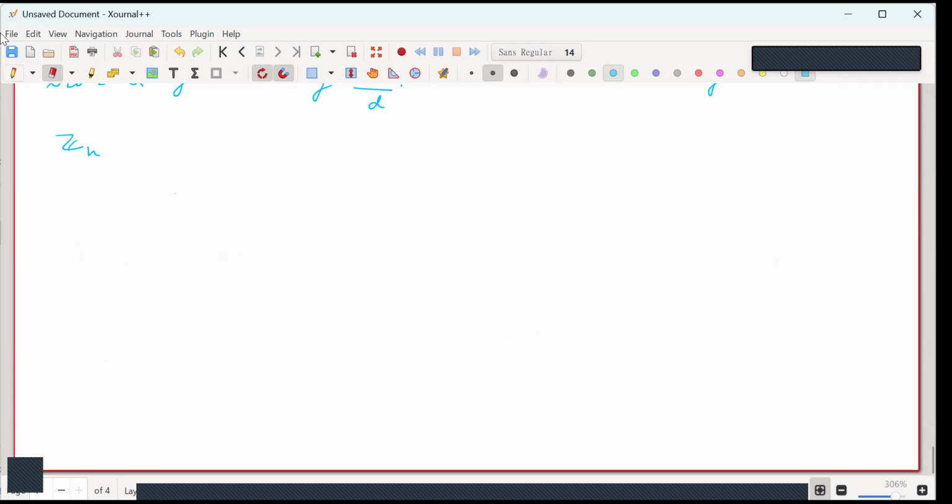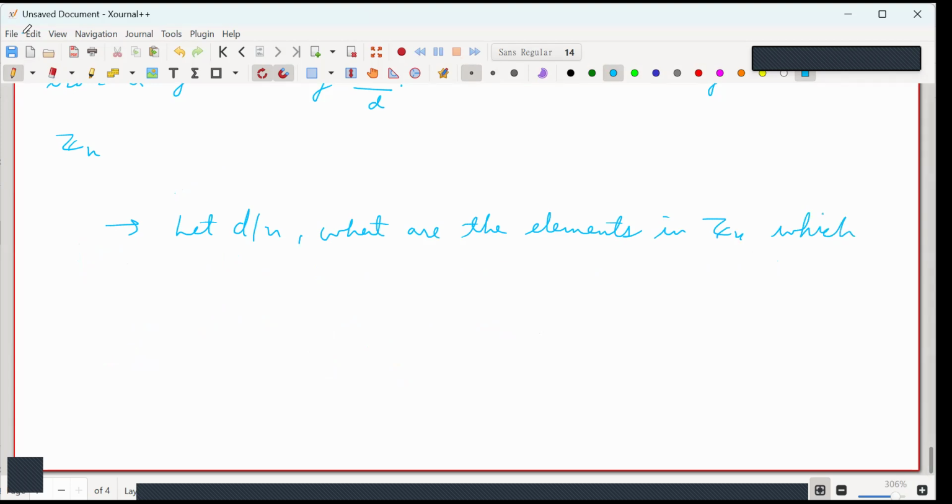Do you understand the question? So let d divide n. What are the elements in Zn which have order d?